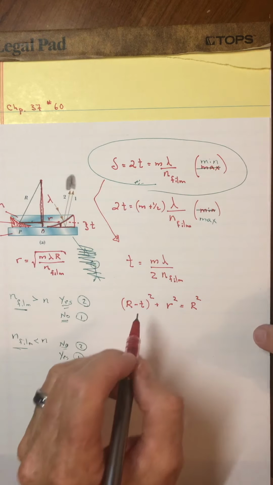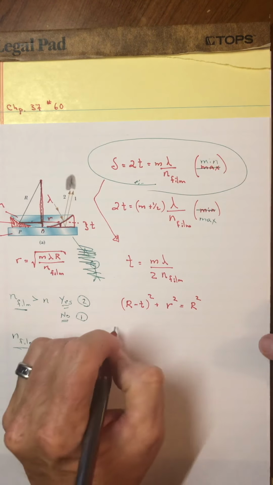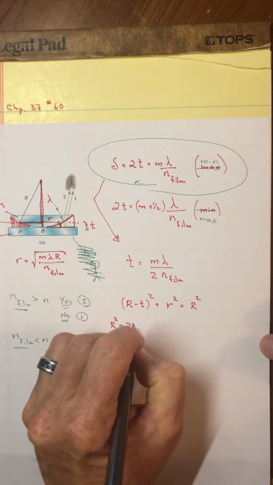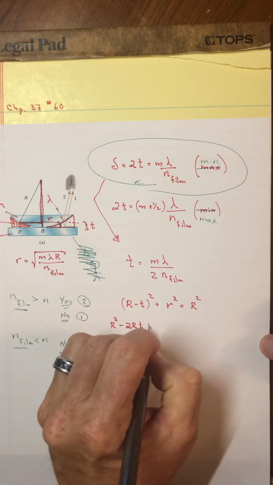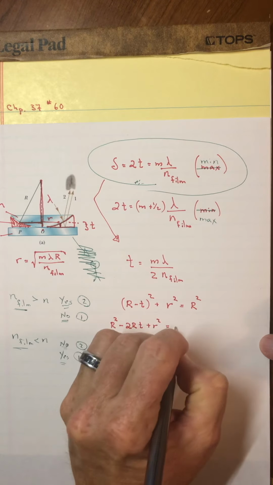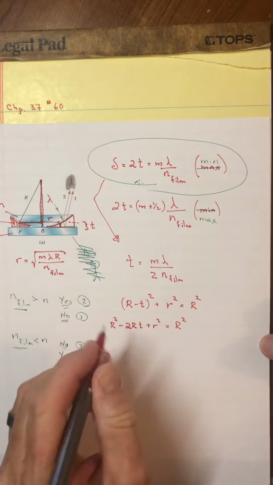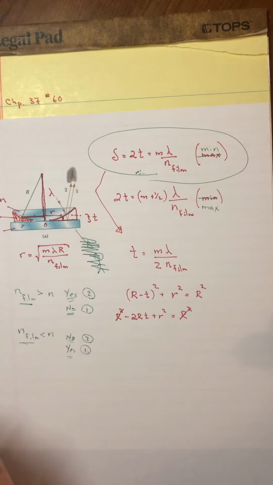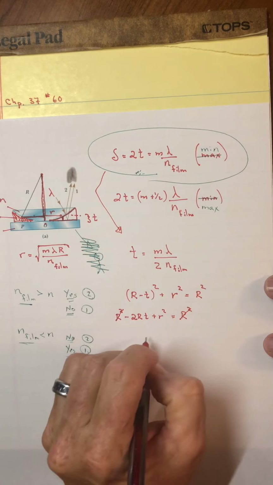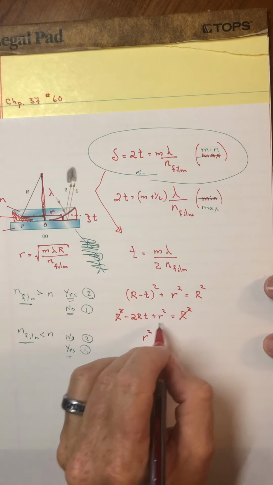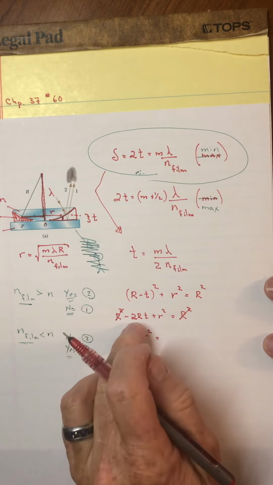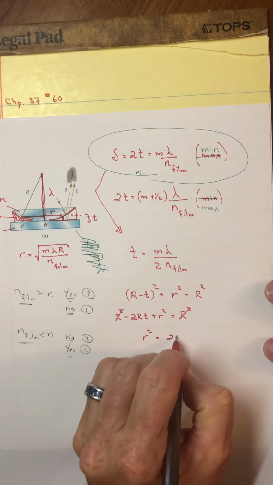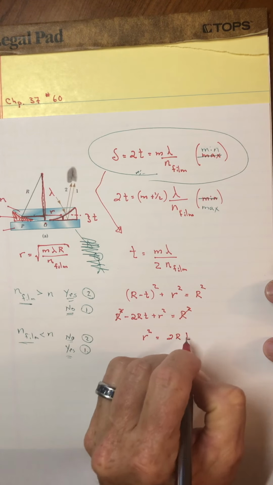And now if we multiply this out, so we'll FOIL this out, this will be an R squared minus 2Rt plus a t squared, little r squared, and a big R squared. And so the big R squareds cancel off. If we put an r squared by itself and move this over to here, we get 2Rt.